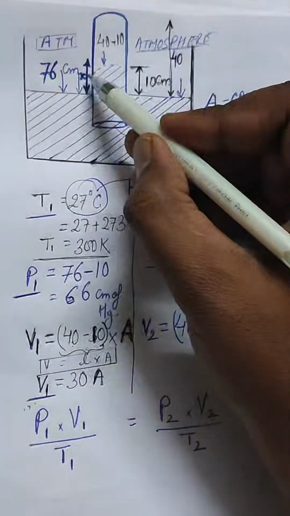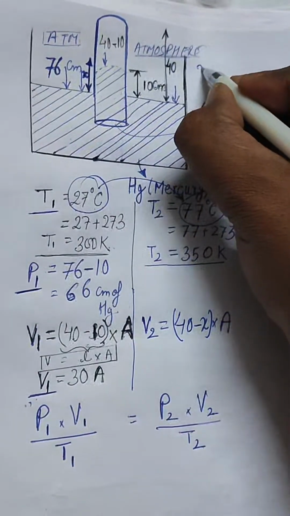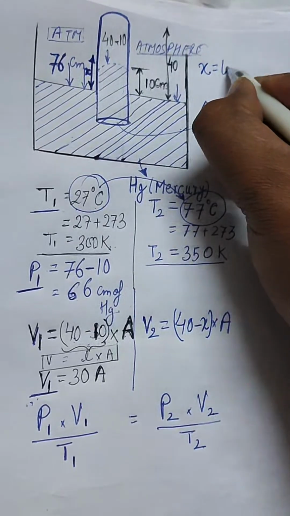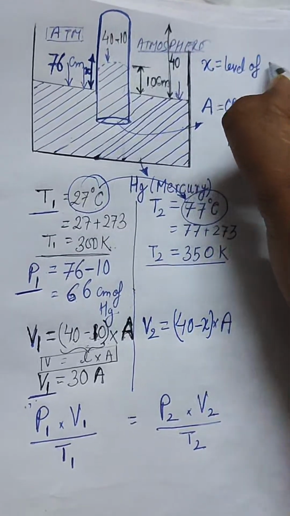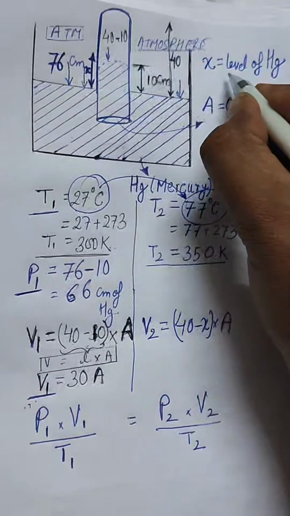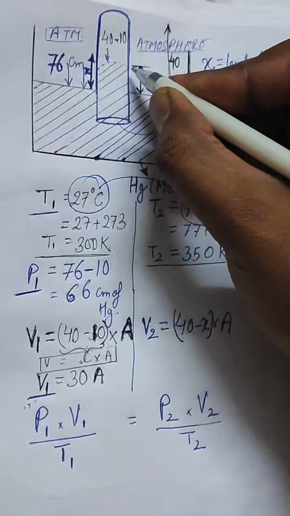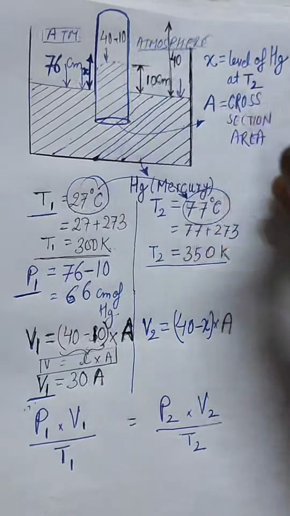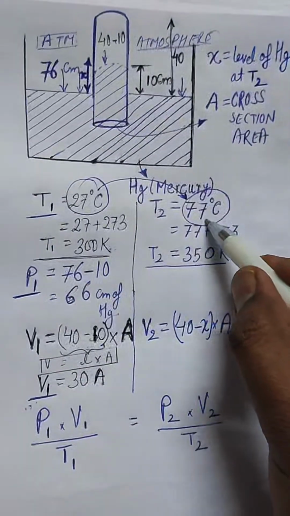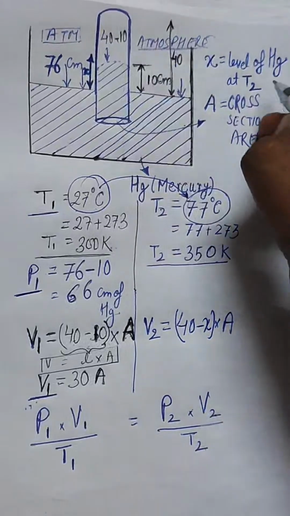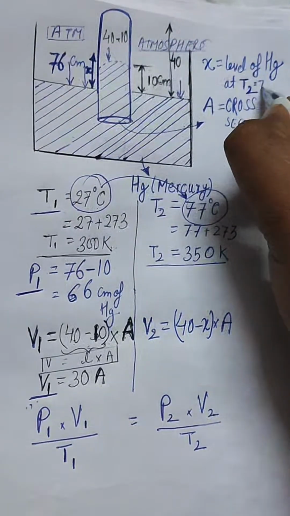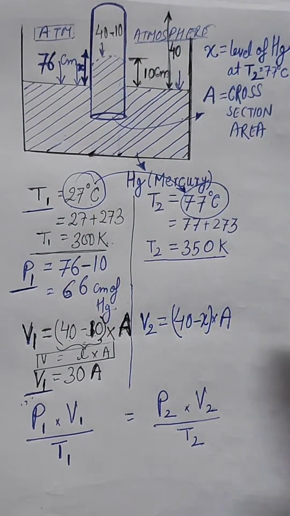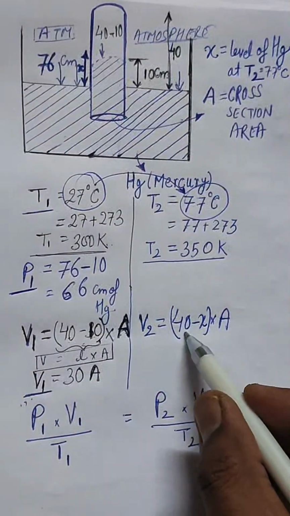And what is this x? This x is the level of Hg in the tube, right? At T2 temperature. T2, that is 77 degrees centigrade or 350 K, right? Now my dear friends, here we know the volume 40 minus x.